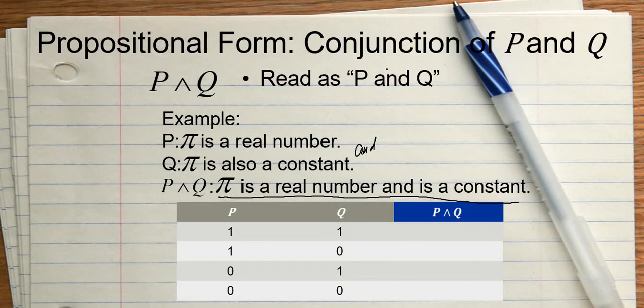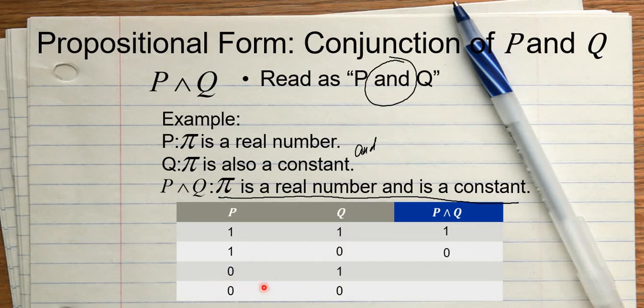So, if we're going to construct the truth table for the conjunction P and Q, we have to take note that the word and implies that it has to consider both of the propositions. So, in this case, of course, if both of them are true, then it would be a true statement. However, if P is true and Q is false, then that will give us a false statement.